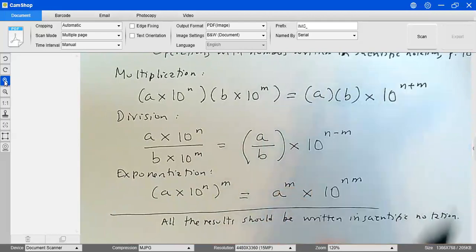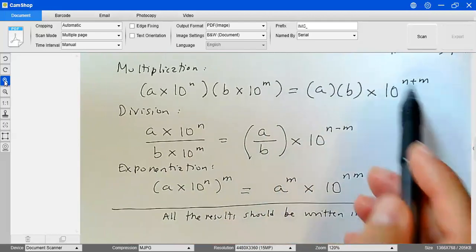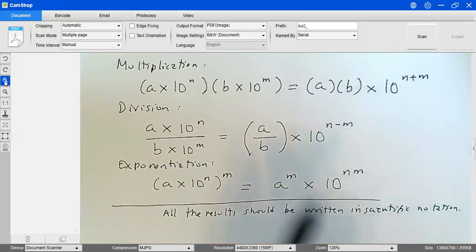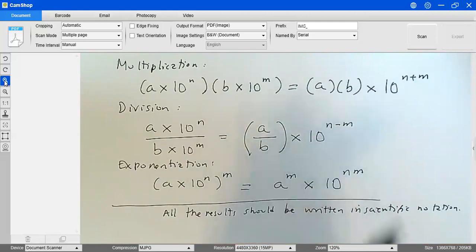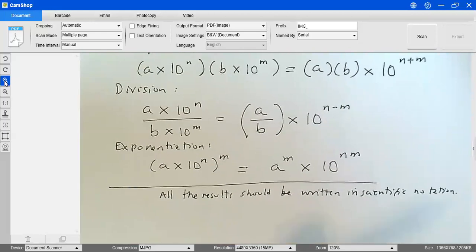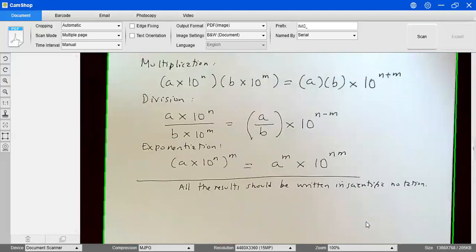Then you need to fix the problem, adjusting the final exponent. When you divide, sometimes you're going to get mantissas that are less than 1. You need to move the decimal point to get the right mantissa. So those are the notes that are in the green box on page 409.